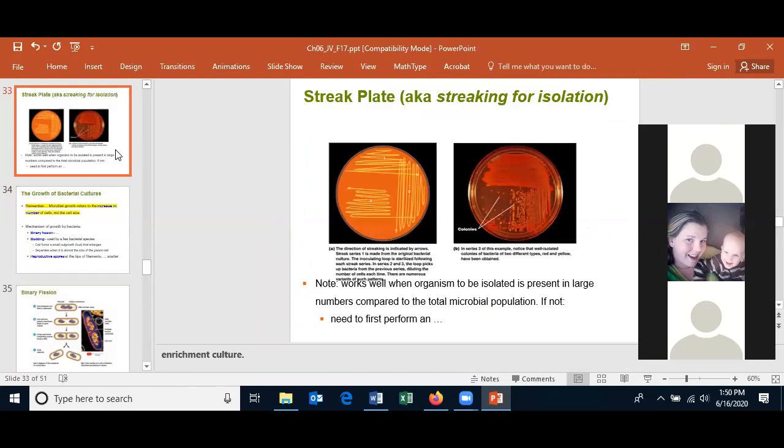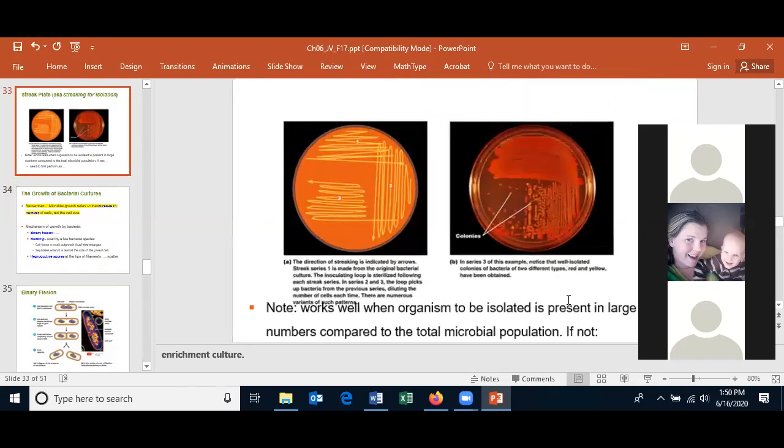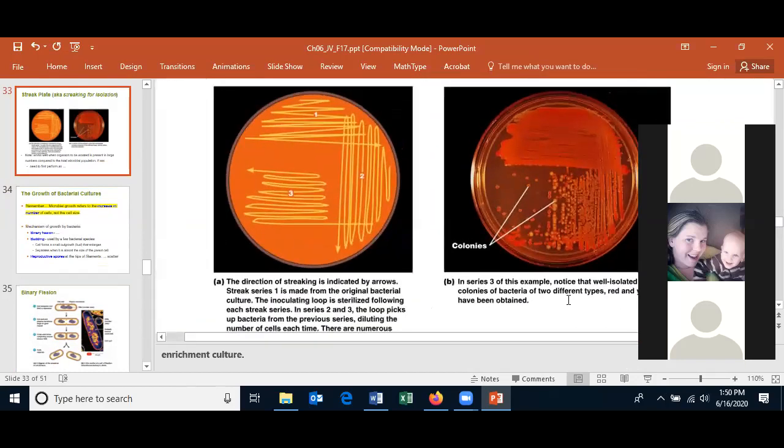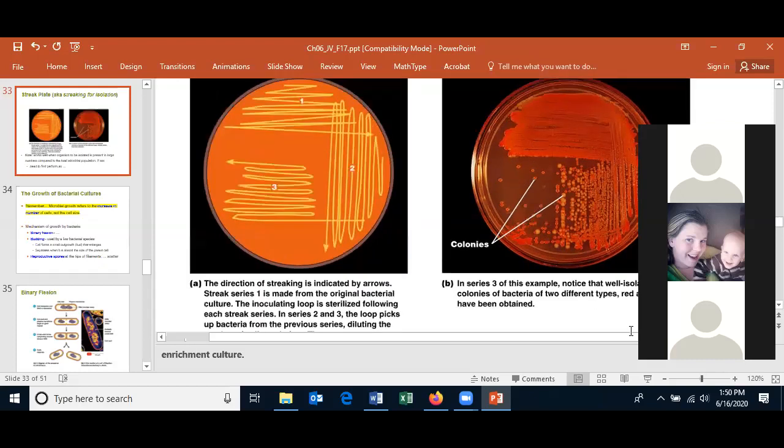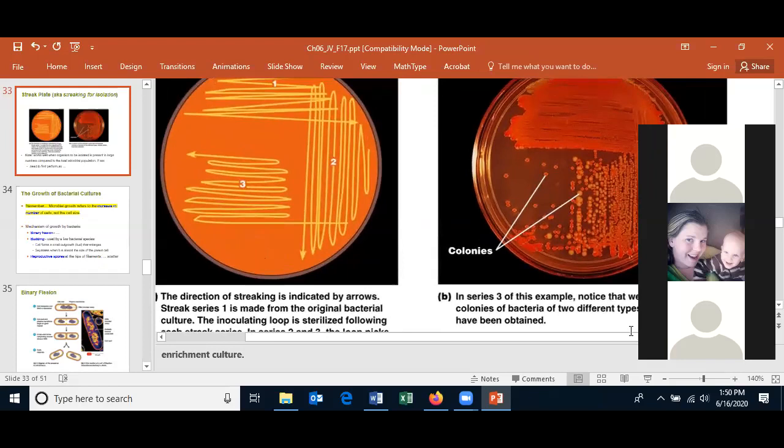Streaking for colony isolation. As you notice on this slide here, when we do streak for isolation, you can see that there's at least 2 cell types, 2 different colonies, a yellow colony and then the red colonies. So this was a mixed culture when it was streaked out, and when we isolate the first time, we think this colony would be pure because it's only showing red colonies.